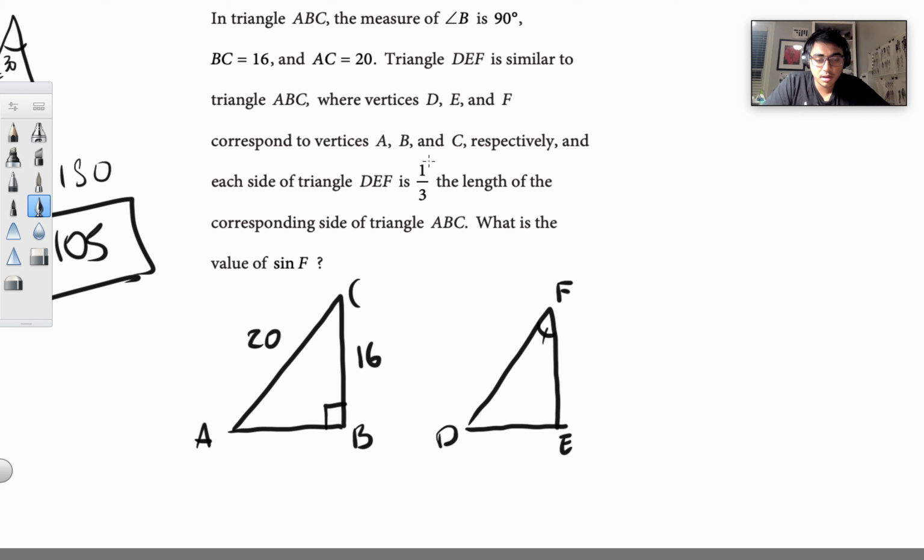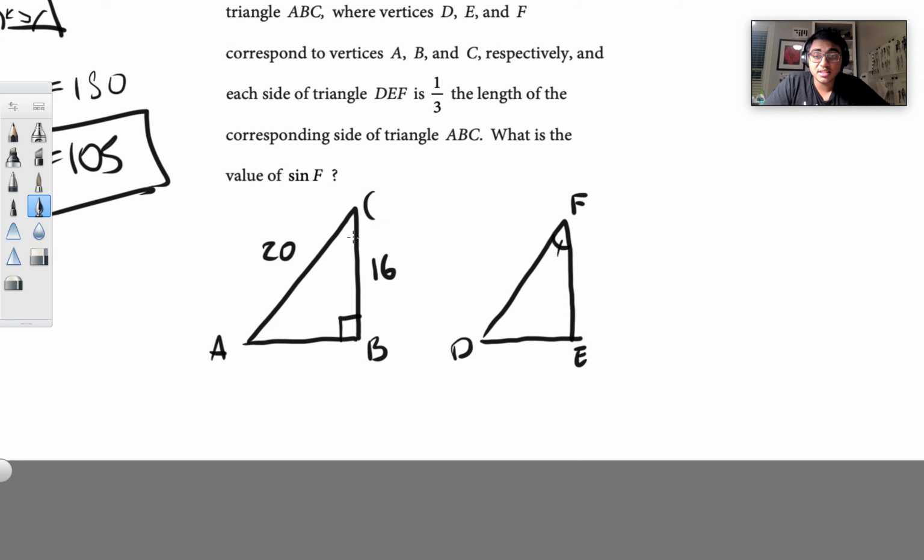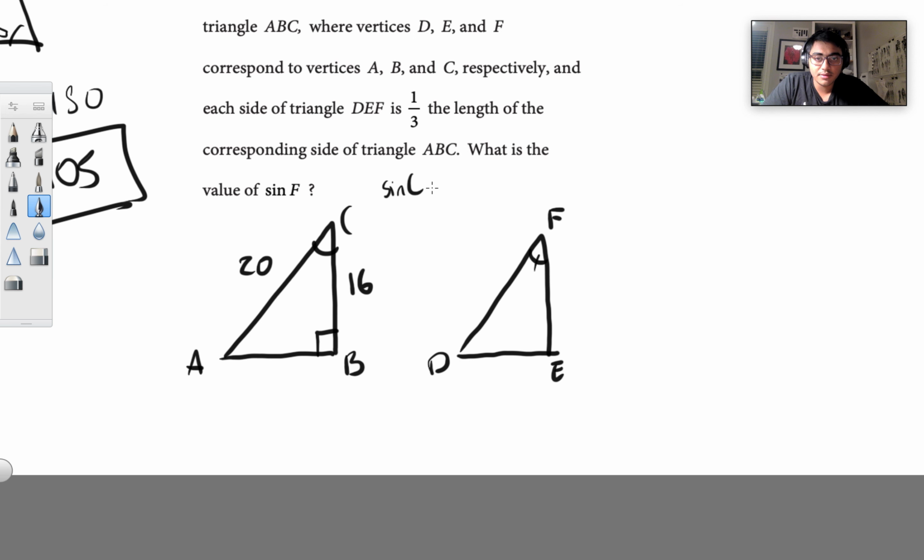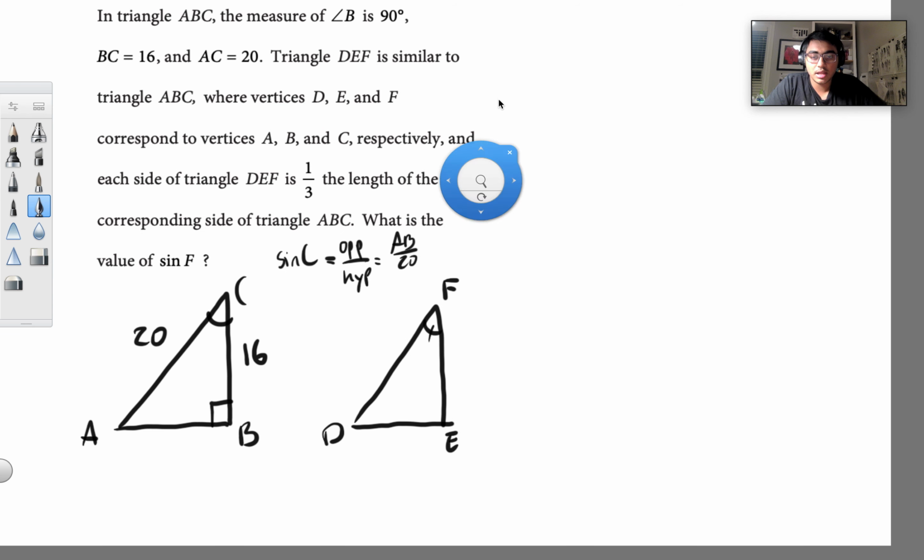They only care about the angles and the sides of the triangle relative to each other. So what it's basically asking is what's sine C? And if you want to find sine C, we'd have to find the opposite over hypotenuse, which is equal to AB over 20. Now we just have to figure out what AB is.